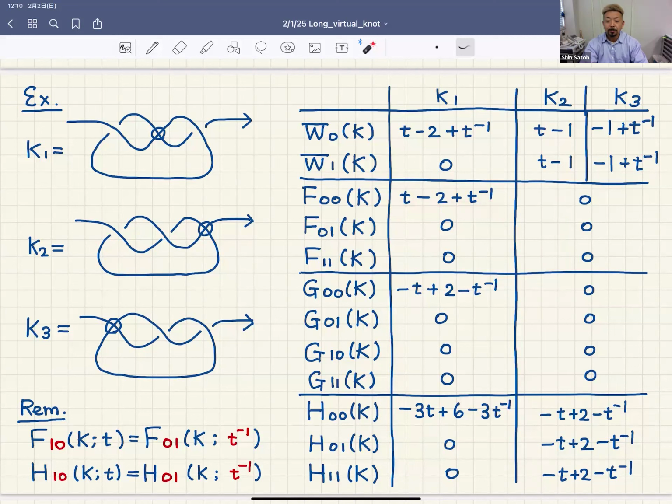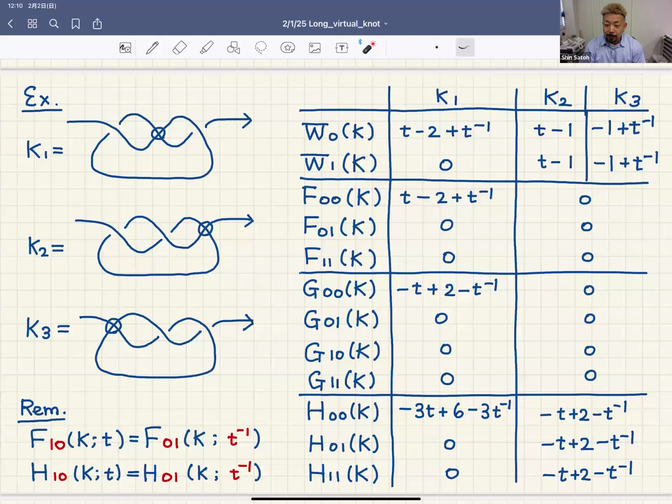We can also detect the difference under symmetry, such as orientation reversal or mirror reflection. And we also give the complete table of long virtual knots up to 3 classical crossings. There are 37 long virtual knots with at most 3 crossings up to symmetry, but we omit them in this talk.